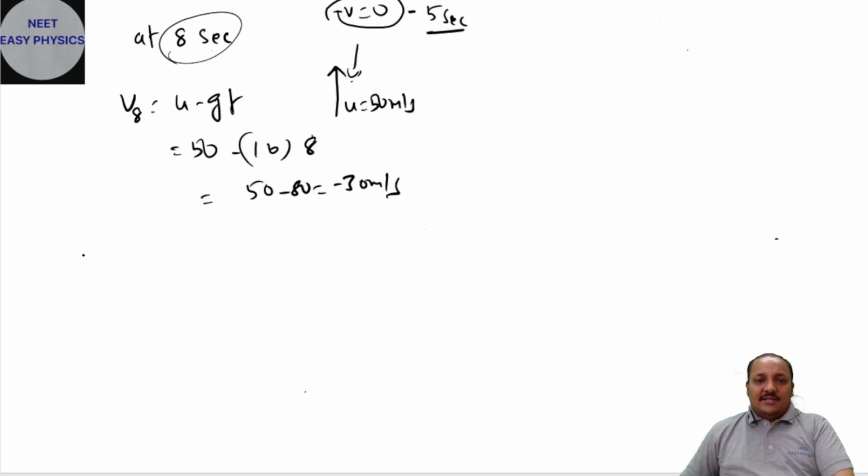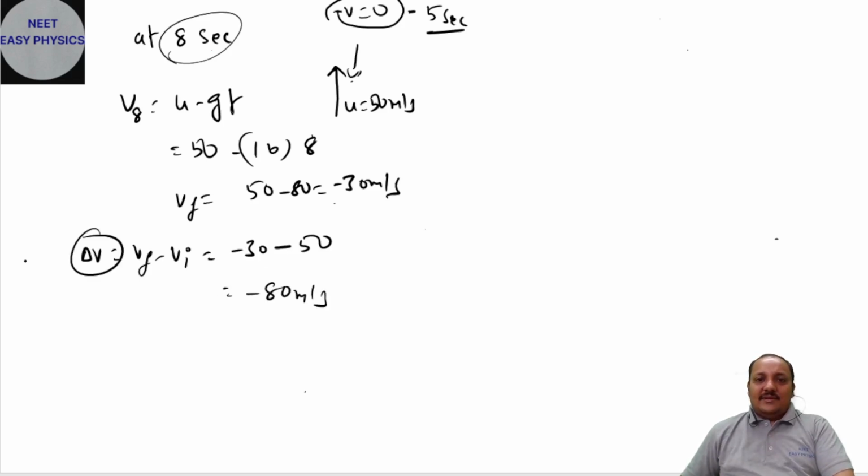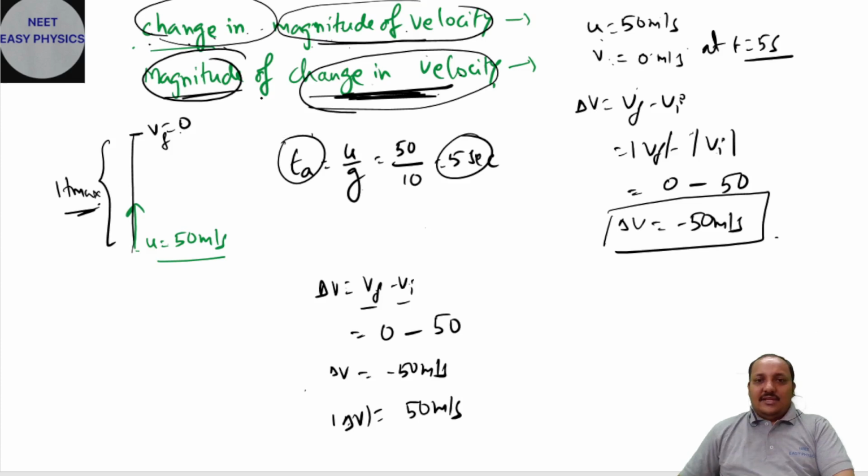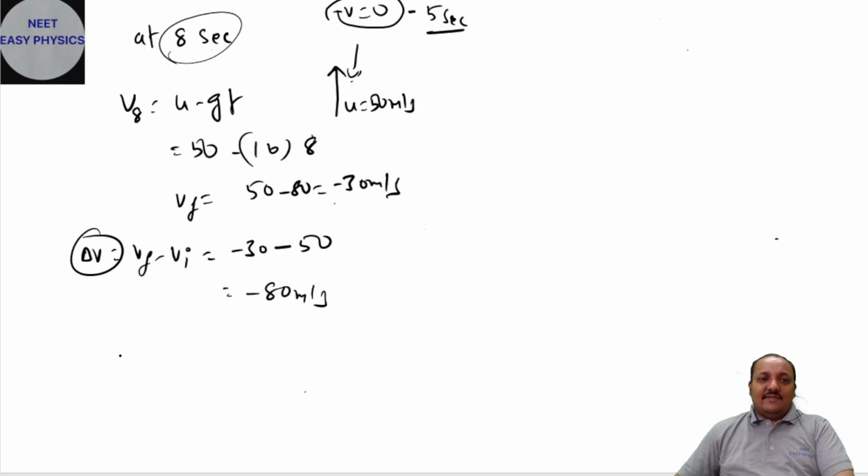Now, what is the change in velocity? Vf minus Vi. What is the final velocity here? Minus 30, correct? Minus the initial velocity, 50. So minus 80 meter per second. This is change in velocity. Now, the magnitude of change in velocity you will get is 80 meter per second. Correct?